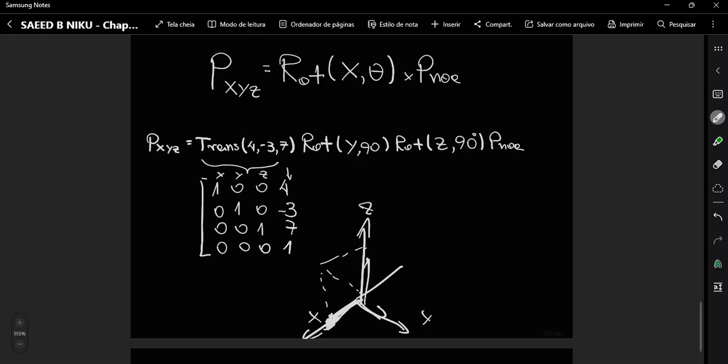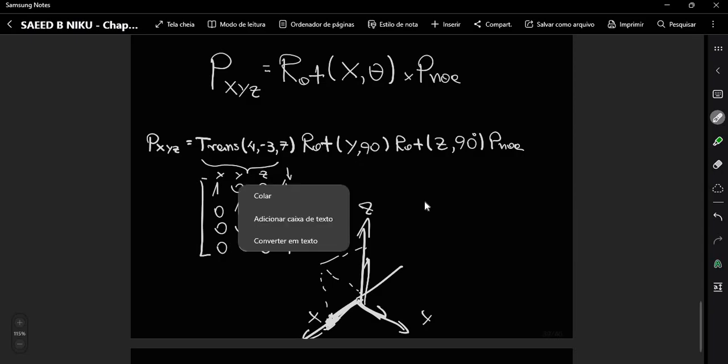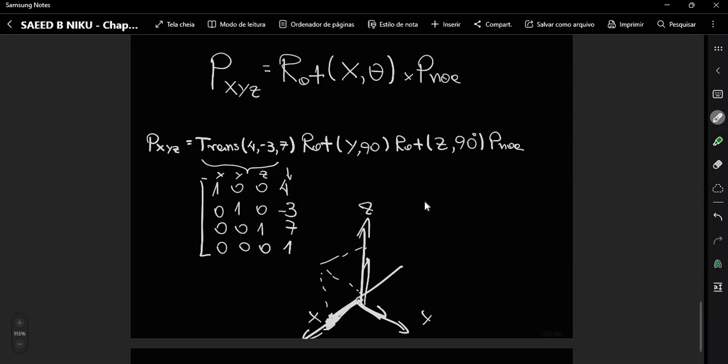For the axis y, we don't have any component for x, just for the axis itself pointing in this direction.